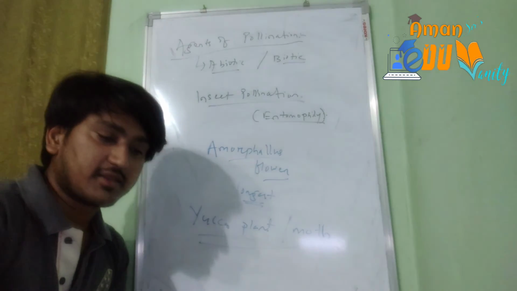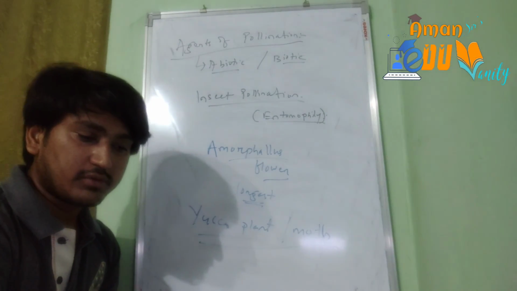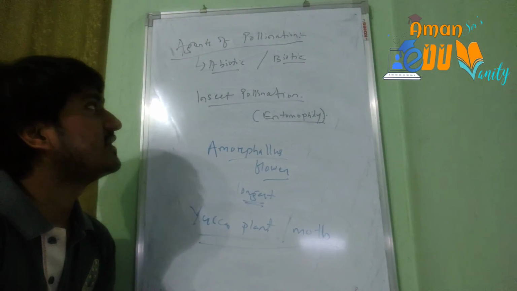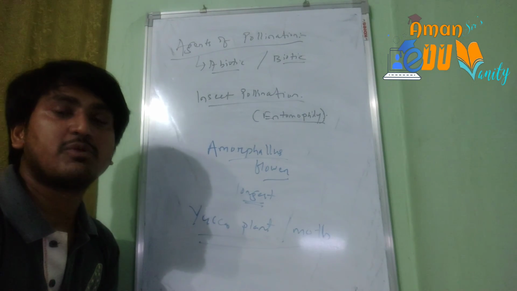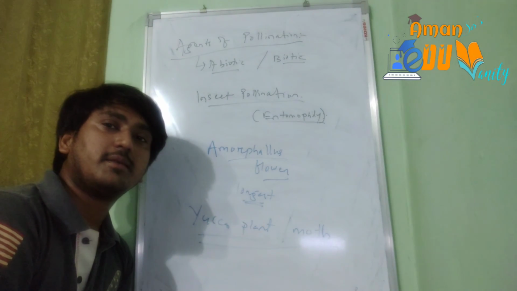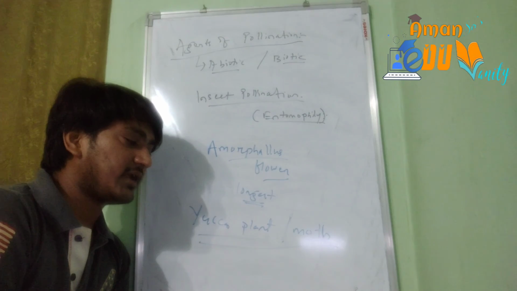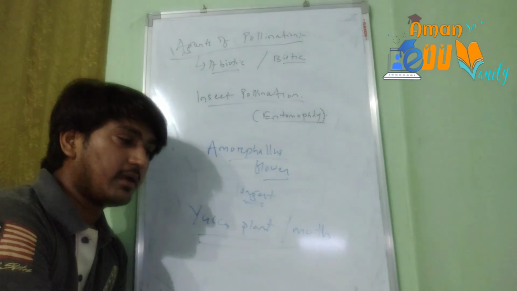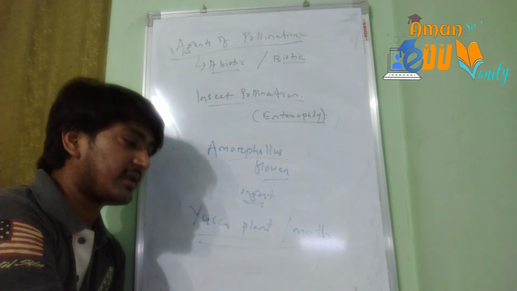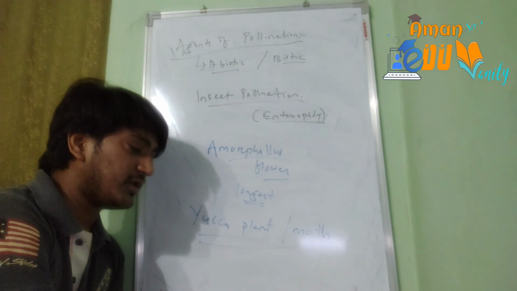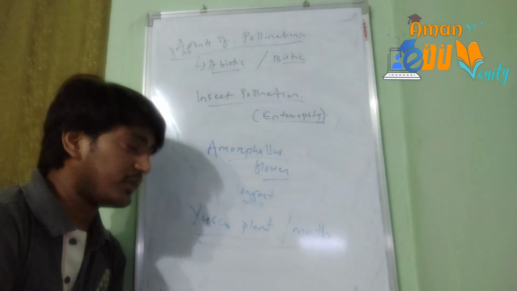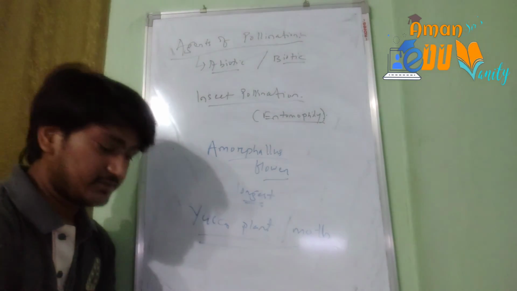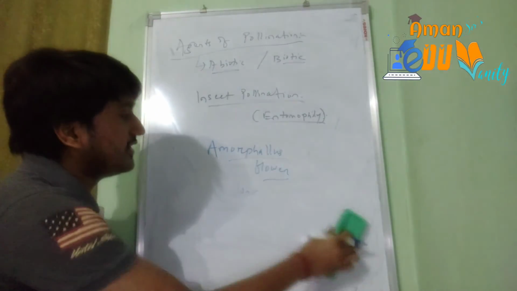So this was how flowers are pollinated by different agents: abiotic agents like water and wind, and biotic agents, where different kinds of insects can pollinate the flower. Not only insects, but other kinds of animals can also pollinate flowers, like bird pollinated flowers, which is called ornithophily.